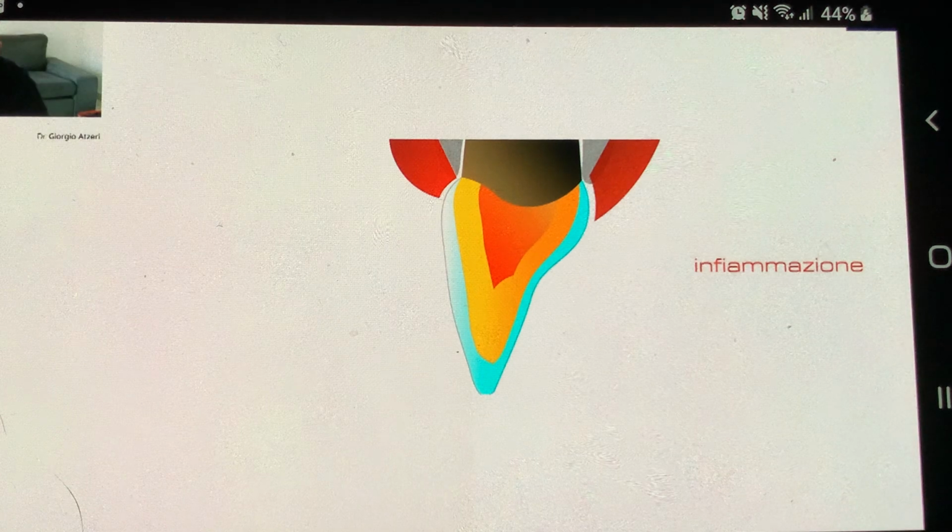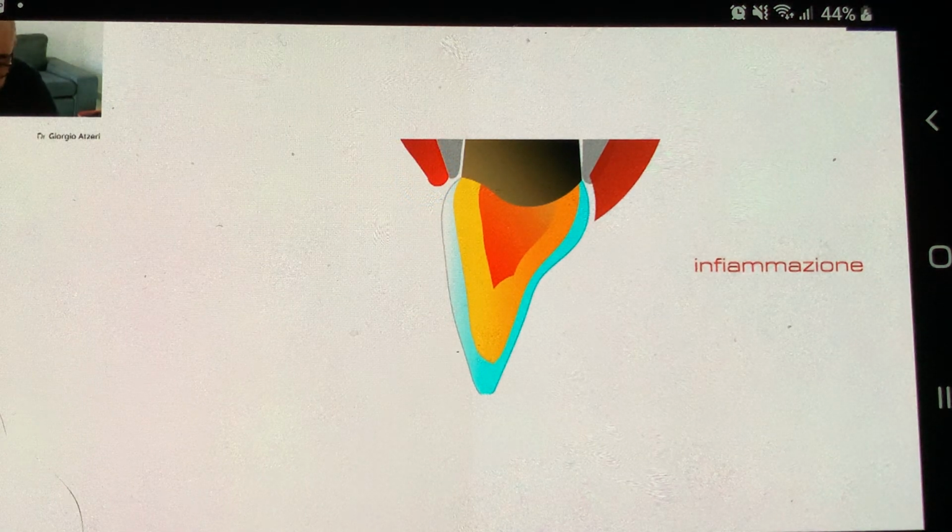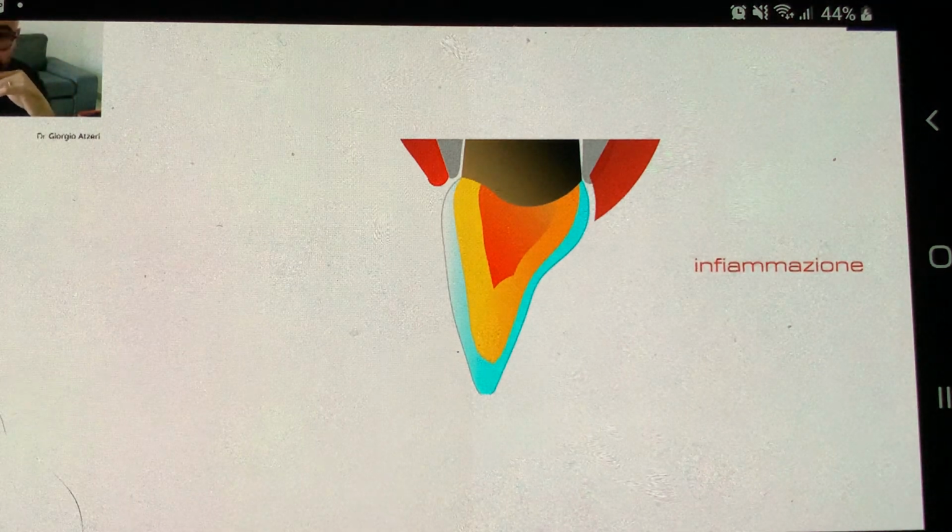Because inflammation cells surround completely this pathogen. According to some authors, if this sphere, in terms of volume, exceeds the gingival volume, then gums will have a recession. And this is why the gums create those class 5 recessions.